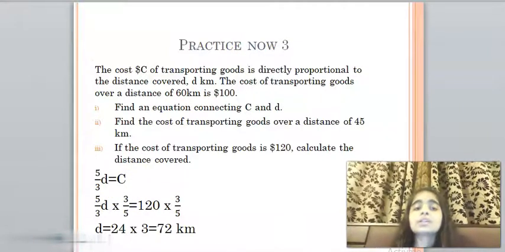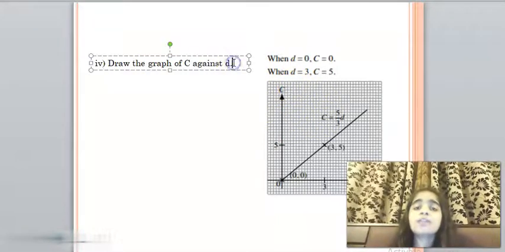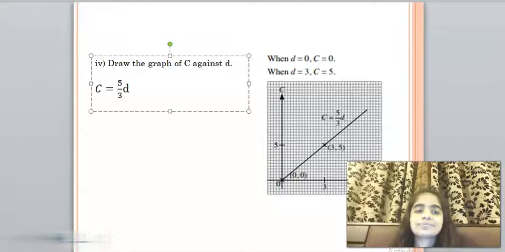Now let's look at part number 4. Draw the graph of C against d. So I've already solved this question over here. We have the equation with us, which is C equals 5 upon 3 d. And we need to plot this equation only.